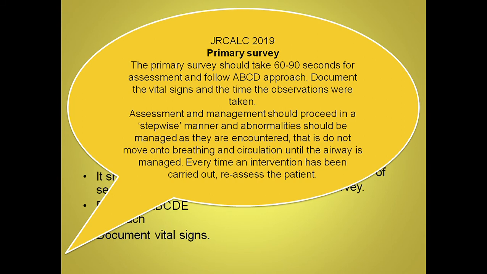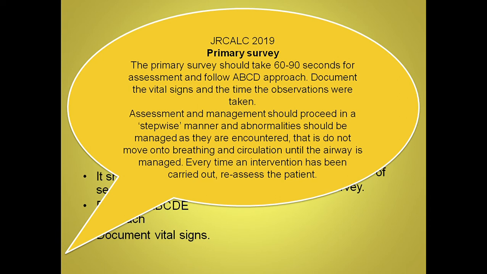The primary survey should take 60 to 90 seconds for the assessment and follow A, B, C, D approach. Document the vital signs and the time the observations were taken. Assessment and management should proceed in a stepwise manner, and abnormalities should be managed as they are encountered.